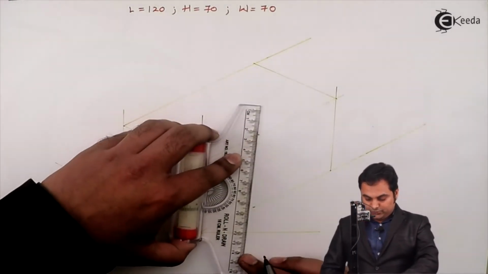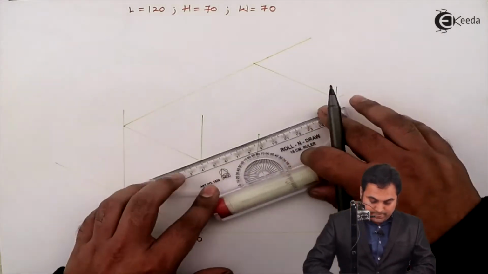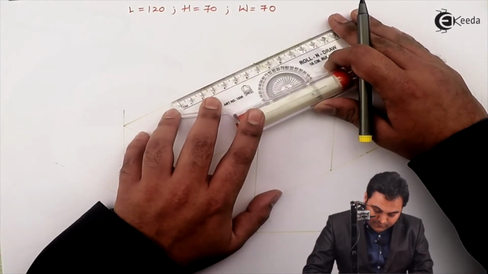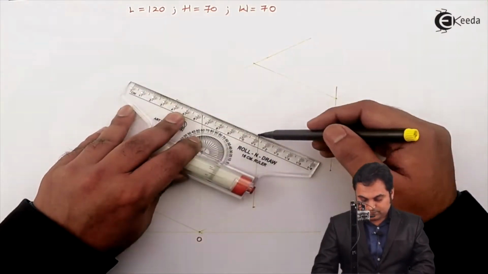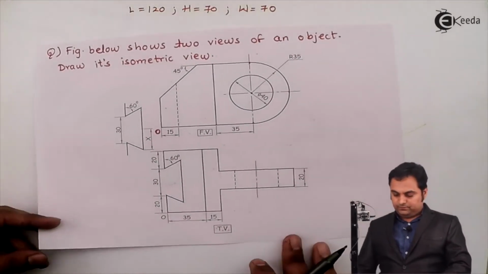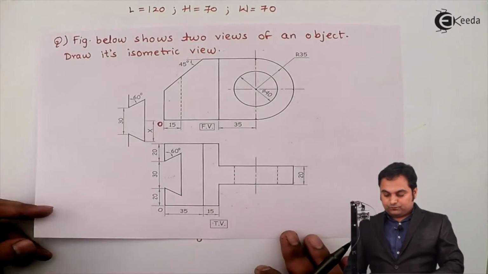Then joining these two points. Next, I'll take 70 mm from one side on this length as well. Now I have divided this drawing into the semicircular portion and this block.